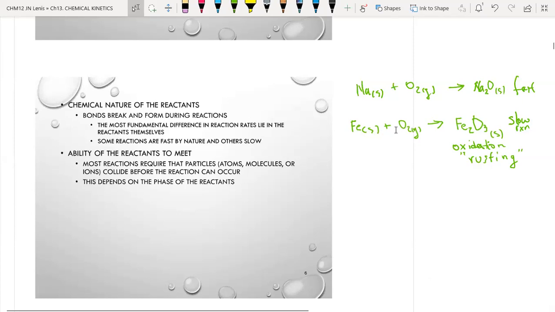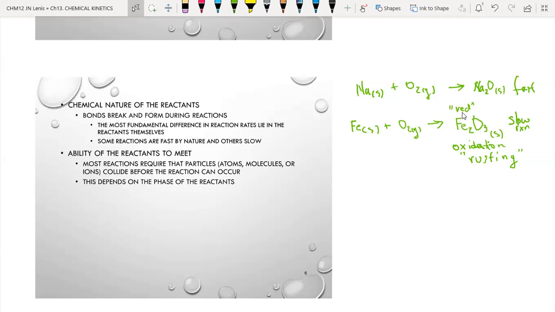One of those is this, to form this oxide here, iron trioxide, that produces the nice red colors that you see during the firework.